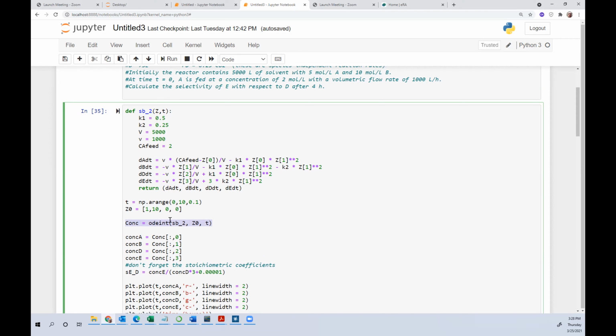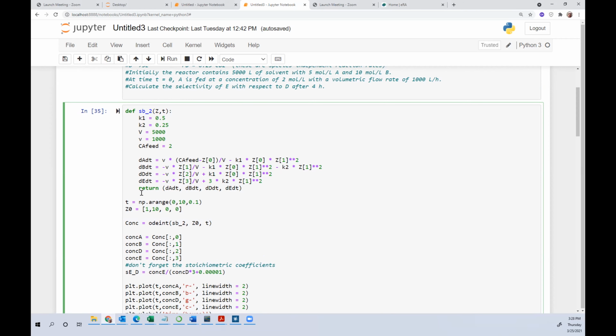It is odeint of the function using the initial conditions with respect to time. This is actually the only function that you put in after you've defined your function. You use odeint to solve for it.